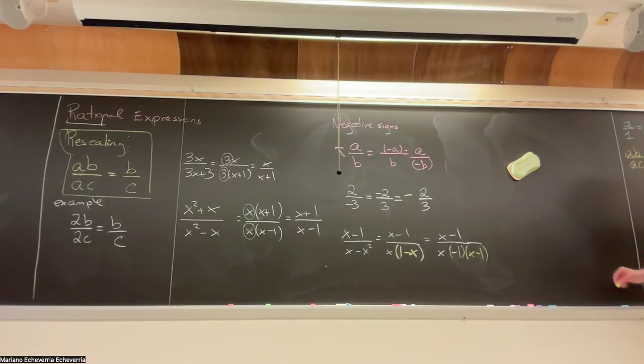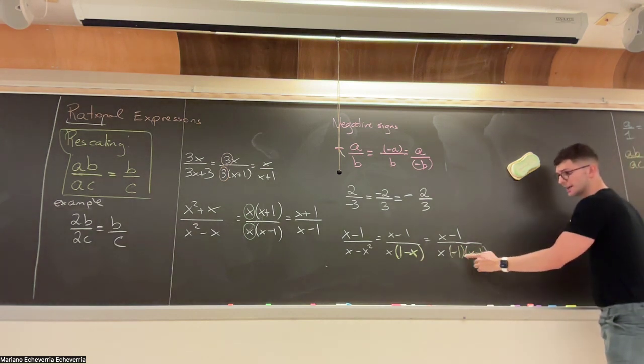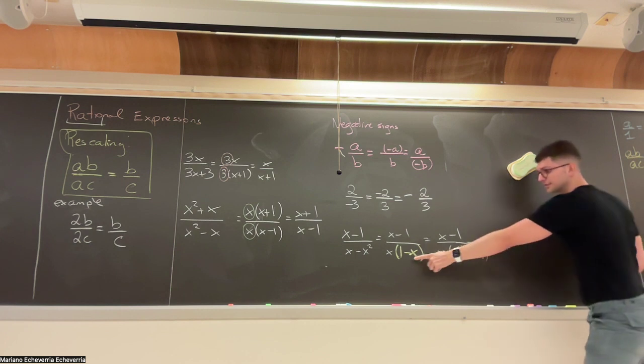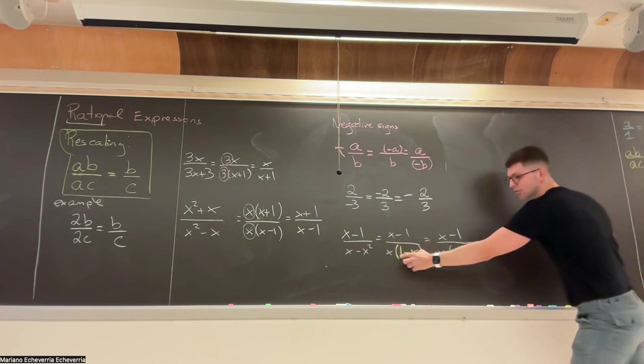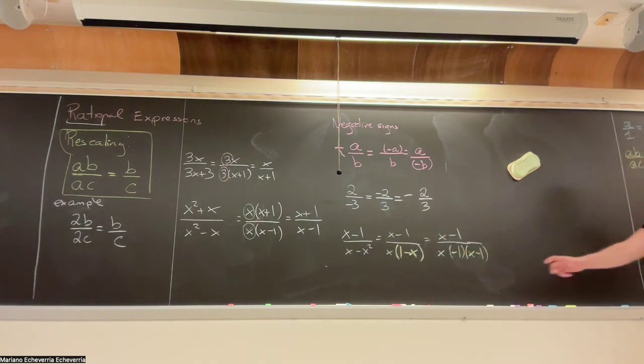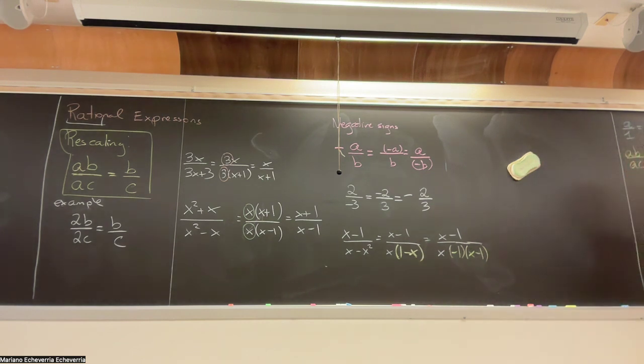That's clear, because what's going on here? If you do the product, you get -1 times x. The -1 times x gives you this minus x that you see here, and then -1 times -1 gives you the +1 that you see here. So this multiplies to 1 minus x again.